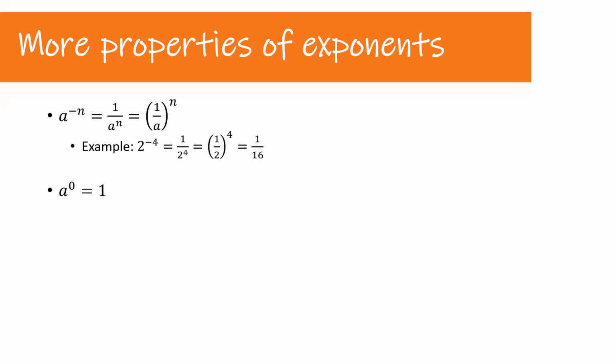A number raised to the 0th power is always going to be 1. So a to the 0 equals 1. This is going to be true for any value of a that is not equal to 0. 0 to the 0th is actually an undefined number. It's something that if you move on and take calculus, eventually you'll talk about limits and you can look at that. But this is actually undefined here, but we won't see that too much in our class.